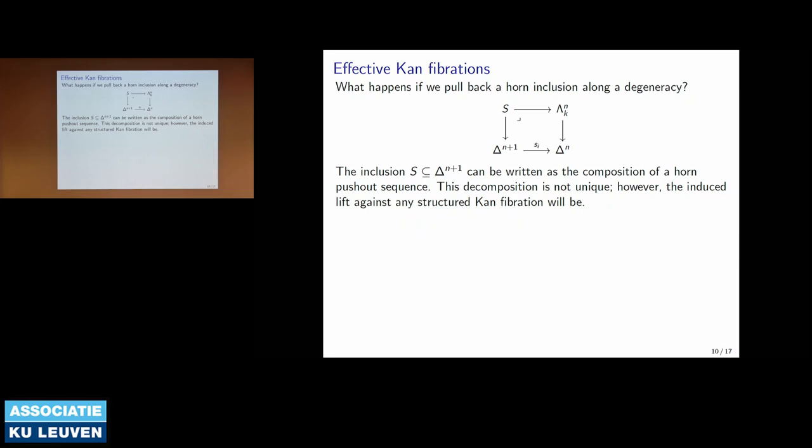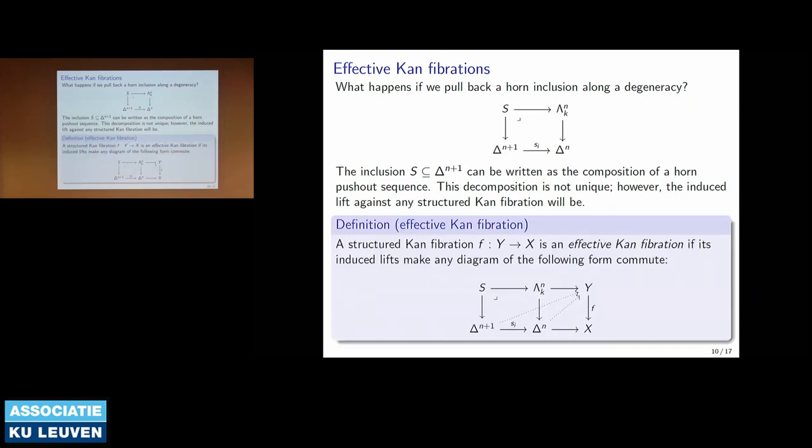This decomposition is not unique. However, you can argue that if I have a structured fibration, the induced lift against this map over here will be the same. So this is our definition of an effective fibration. A structured fibration is an effective fibration if it has, of course, favored lifts against horns.